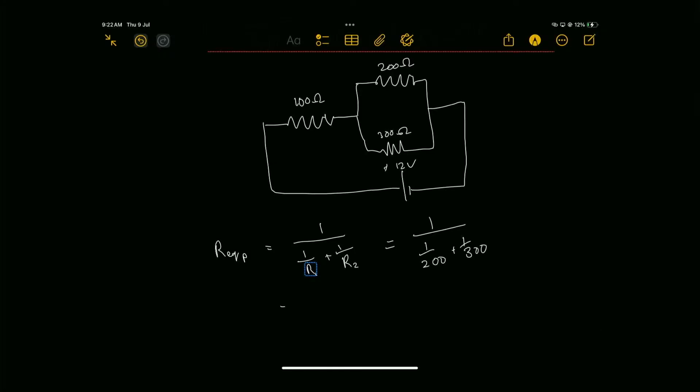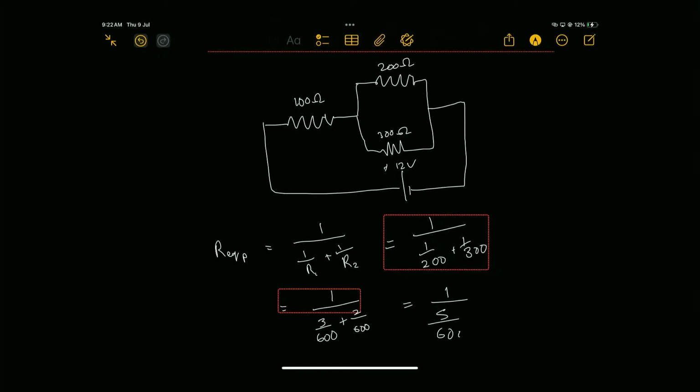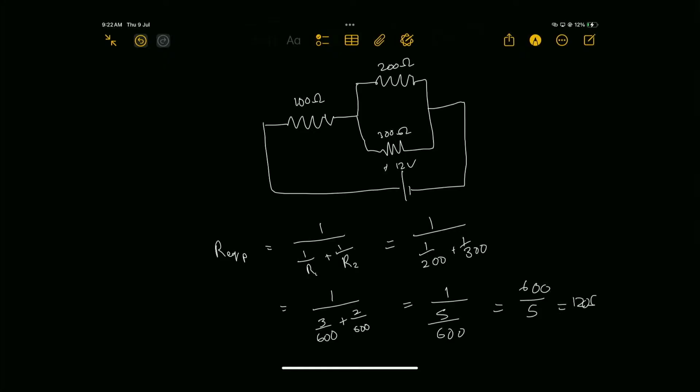This is equal to 1 over 3 over 600 plus 2 over 600, which is equal to 1 over 5 over 600, which is equal to 600 over 5, which is equal to 120 ohms, right?